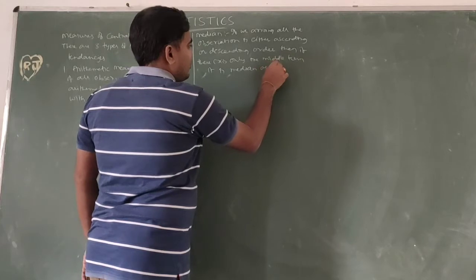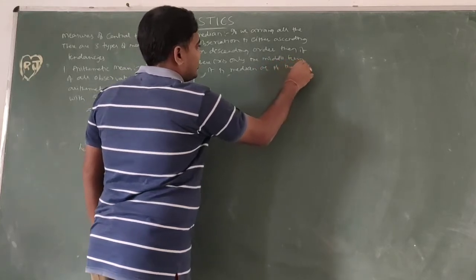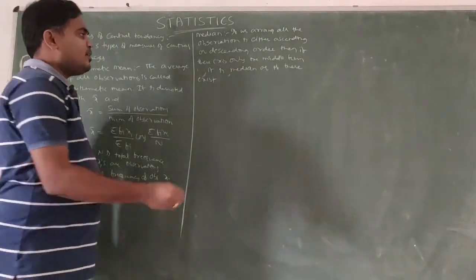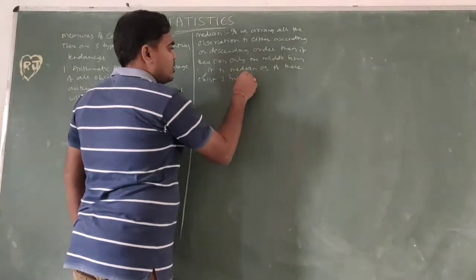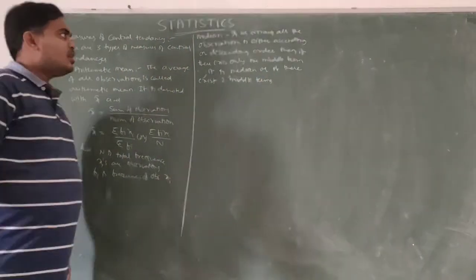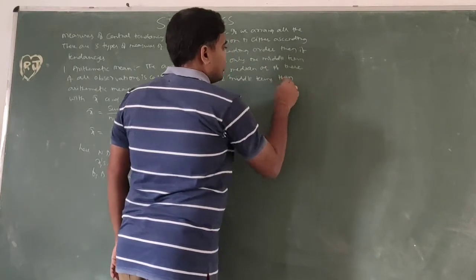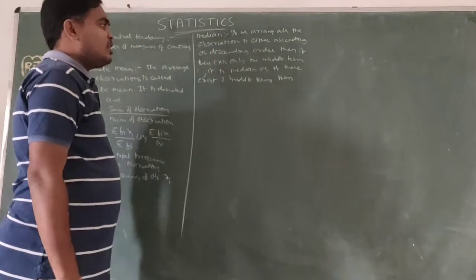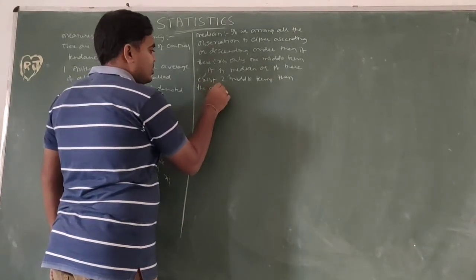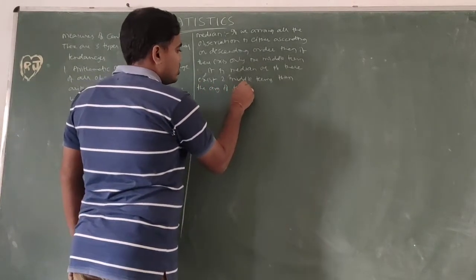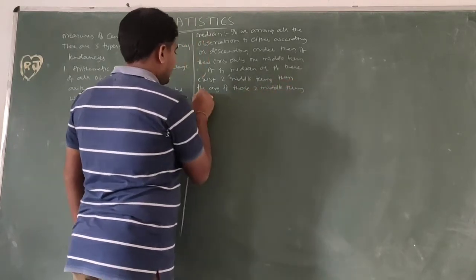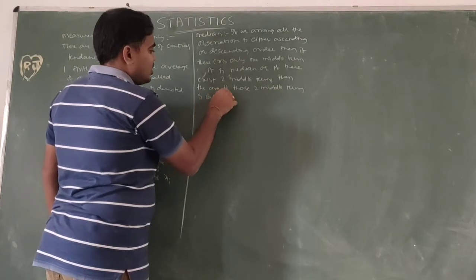Or if there exist two middle terms, then the average of those two middle terms is called median.